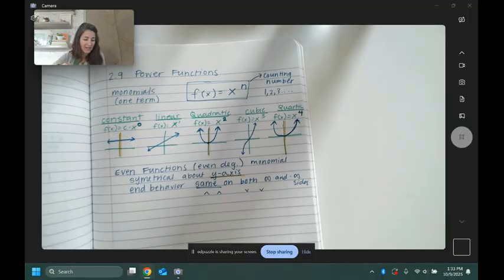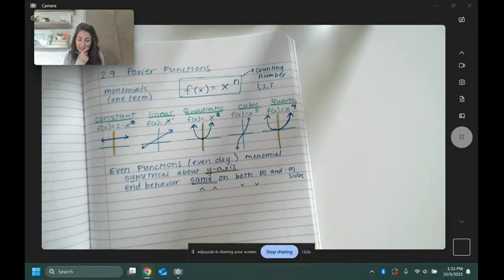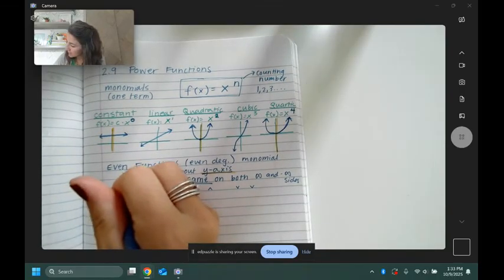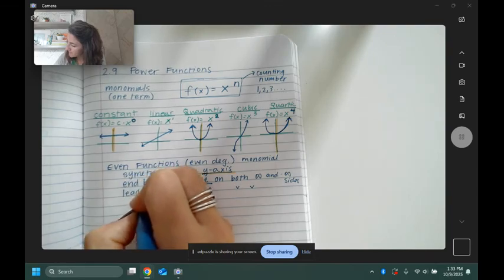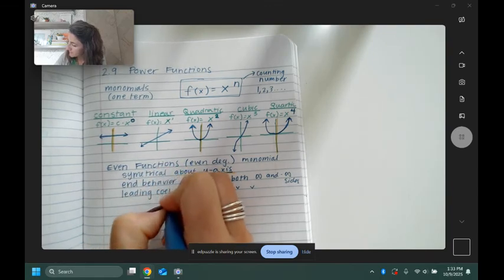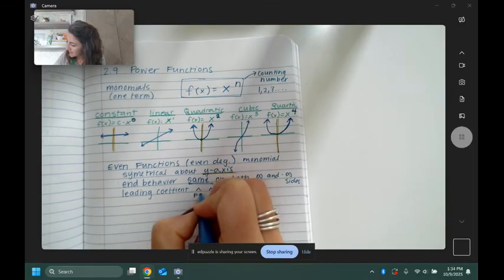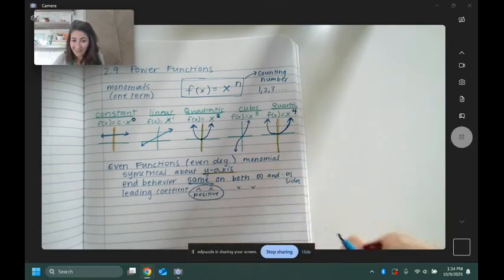Now I've also got, based on the leading coefficient, if the leading coefficient is positive, then that's when they're going to be going up, up at the end.